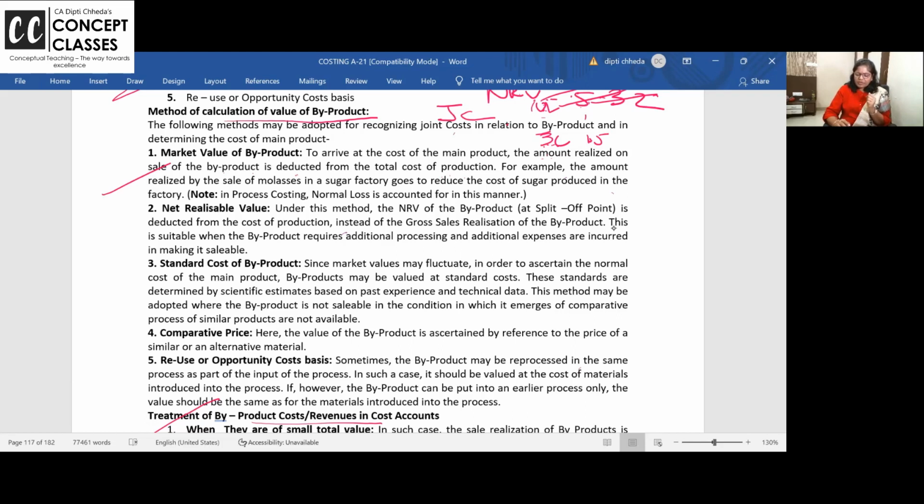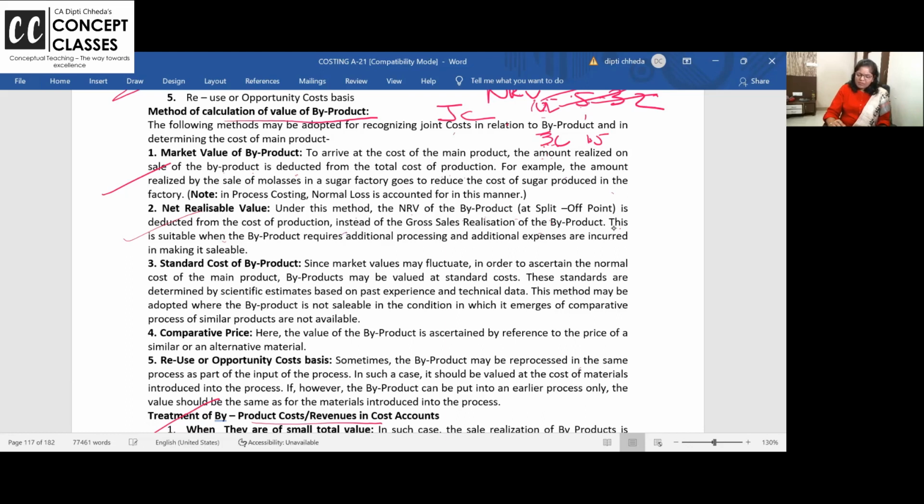Or you can calculate the byproduct here at the sales value, or here at the NRV. Under this method, NRV of byproduct is deducted from the cost of production instead of the sales value.